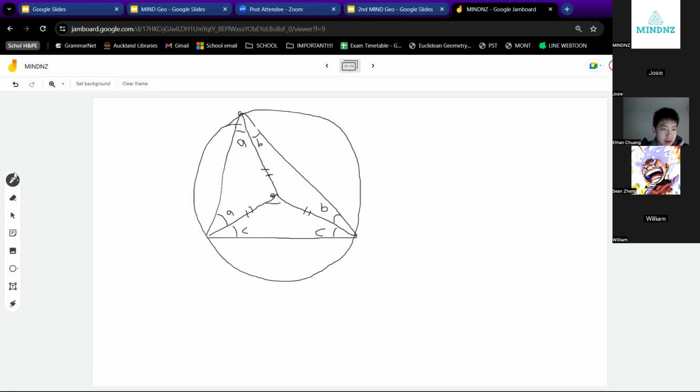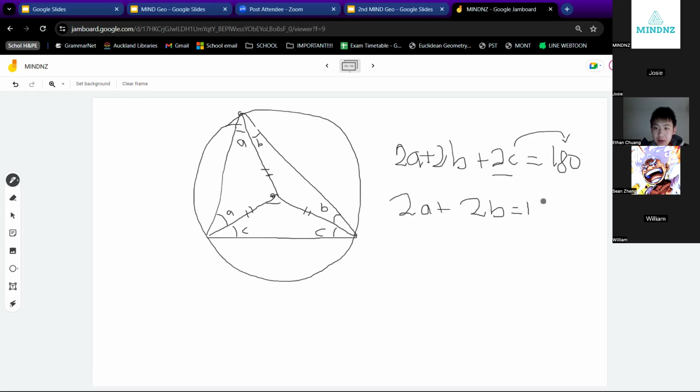So we know that 2a plus 2b plus 2c equals 180, right? So if I move this 2c to the other side, we get 2a plus 2b equals 180 minus 2c.